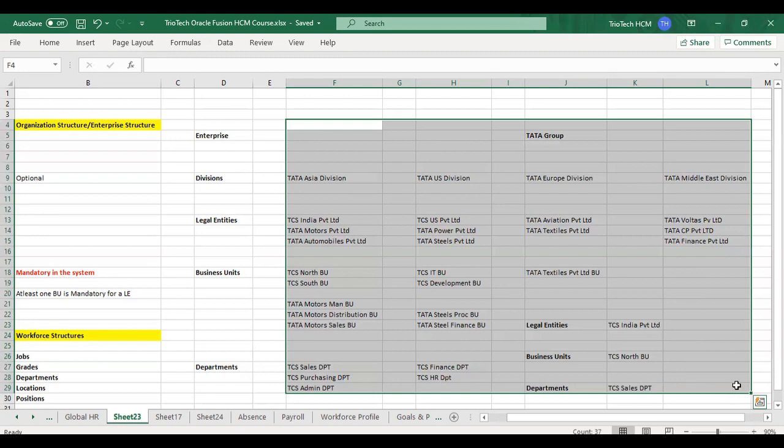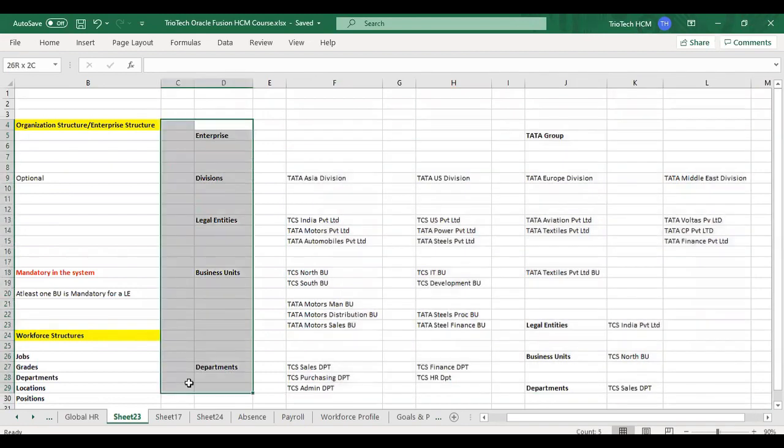We have to identify all these things, team, and finalize the structure for the client as part of our solution design, and we will present it to the client. This is your organization structure that is going to be in the Fusion system. Then the client will review all these things and give the sign off, and then we can start the configuration, team. Okay, so that is the business process, what happens in every implementation, team.